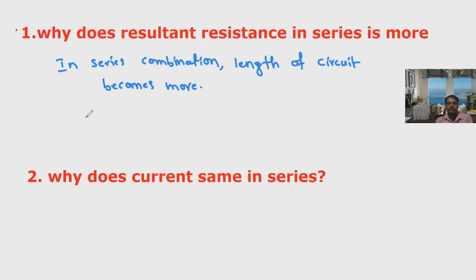Resistance depends on several factors, one of which is the length. Resistance is directly proportional to the length. Due to this, there is more resistance in series combination.